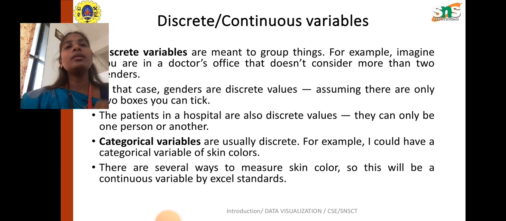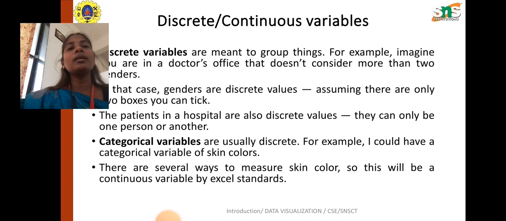Next, based on the given plotted values, we have to identify whether a variable is discrete or continuous. Discrete means only limited data. If the values do not go beyond a fixed set, it is called a discrete value. For example, when you go to a hospital, they provide a form. In that form we fill in name, age, and so on.